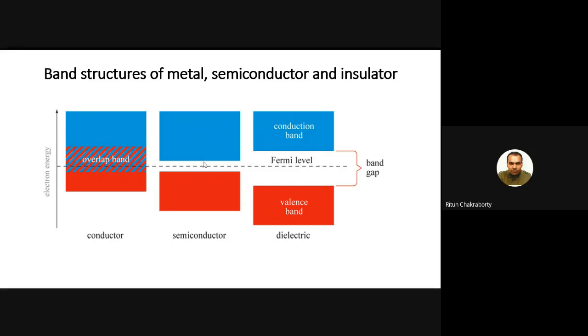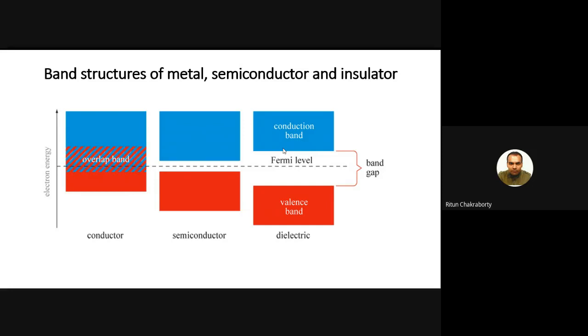But in insulators or dielectrics, this gap is quite huge, quite large. Here we have to talk in terms of energy. In semiconductors it is up to 3.5 electron volts, but in dielectrics or insulators, this forbidden gap may be about 7 to 9 electron volts, which is quite huge.